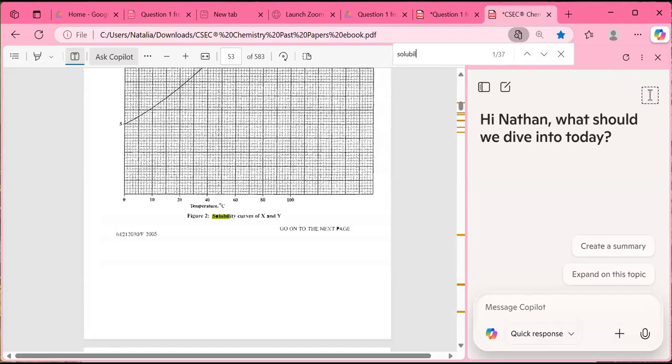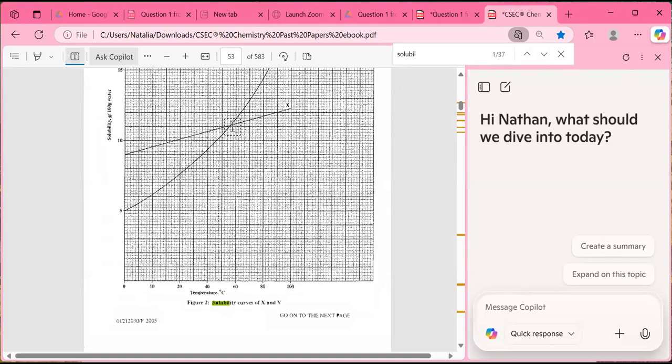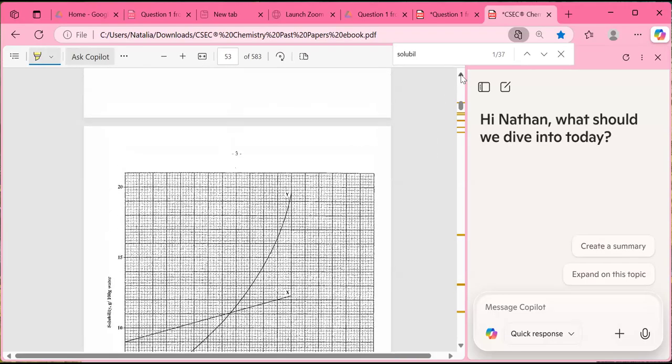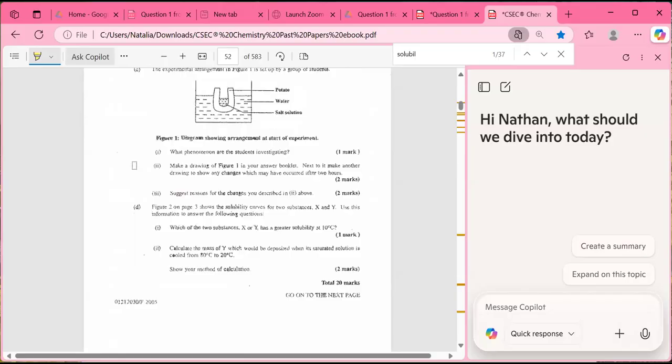All right, so we're going to use this solubility graph just for argument's sake. Remember, the solubility tells us the mass of solute dissolved in 100 grams of water. So what we would do is read off from our graph. I'm going to use this graph instead, since it's already plotted.